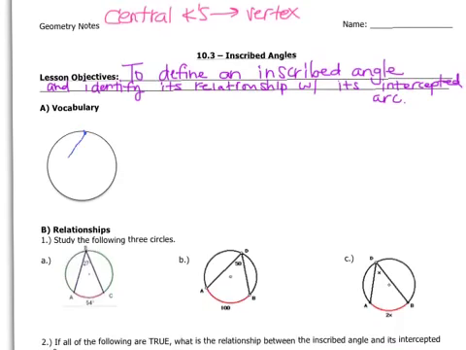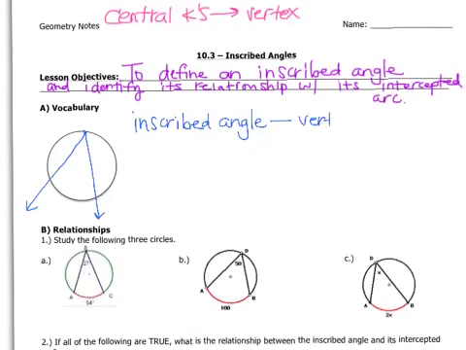angle. An inscribed angle has its vertex not at the center, like a central angle, but an inscribed angle has its vertex on the circle. On the circle.